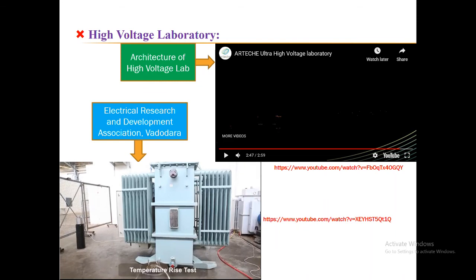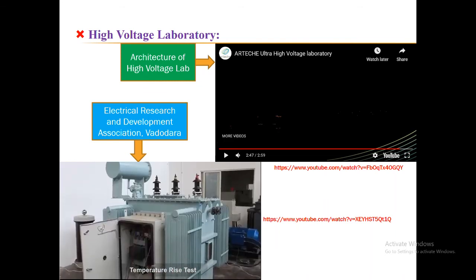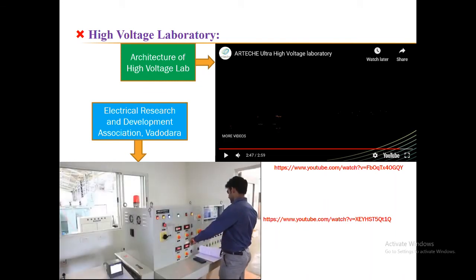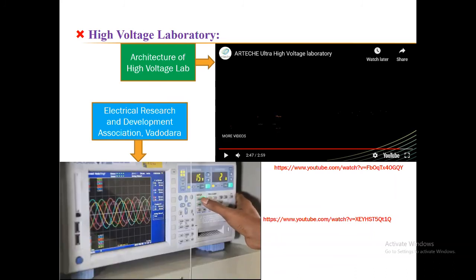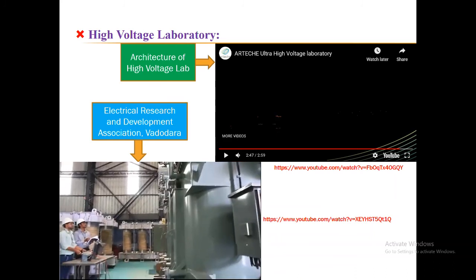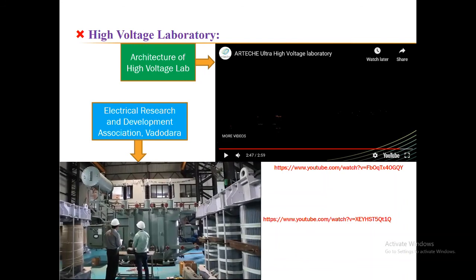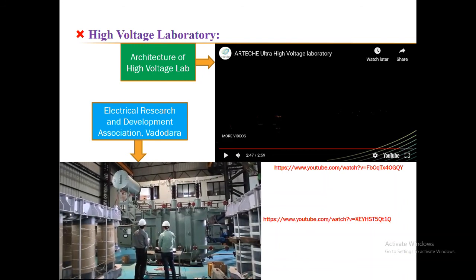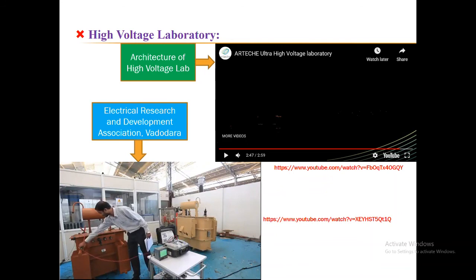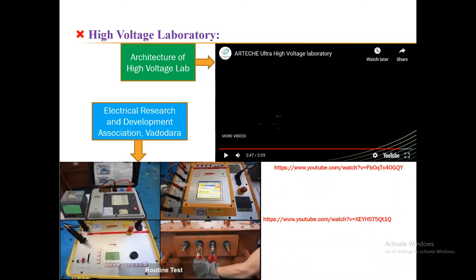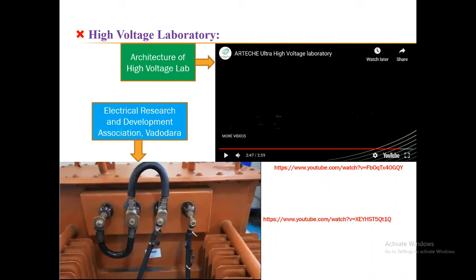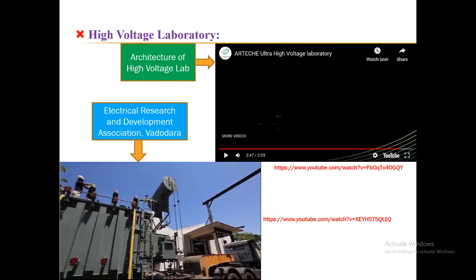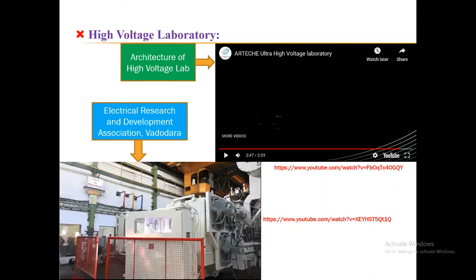Test capabilities are available for conducting temperature rise tests on distribution transformers up to 2 MVA 33 kV rating at the laboratory and up to 100 MVA 220 kV rating at the manufacturer's end. ERDA conducts routine and acceptance tests on distribution transformers up to 2000 kVA 33 kV at the laboratory and up to 100 MVA 220 kV at location.